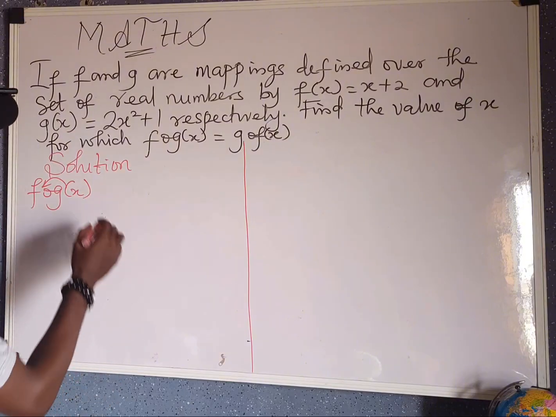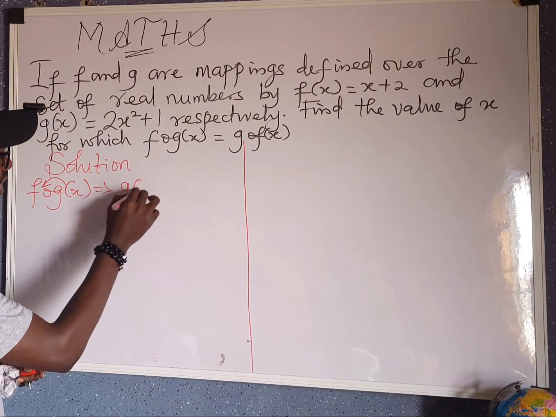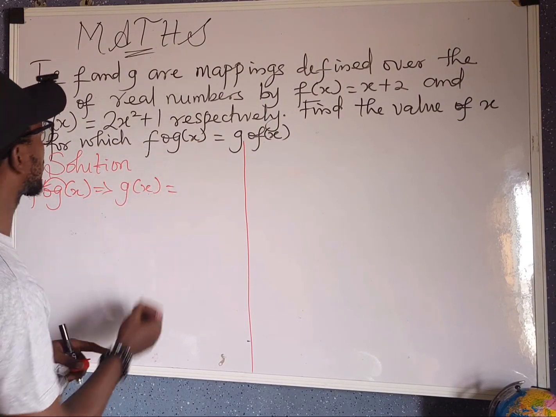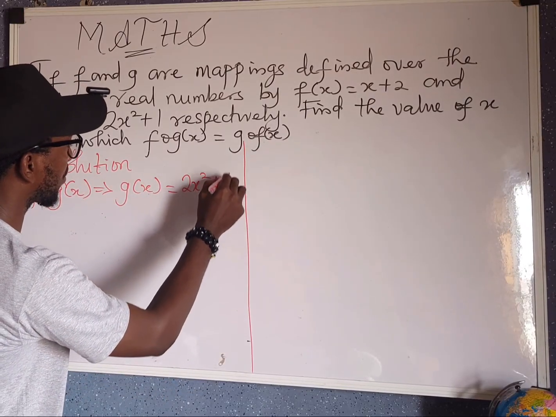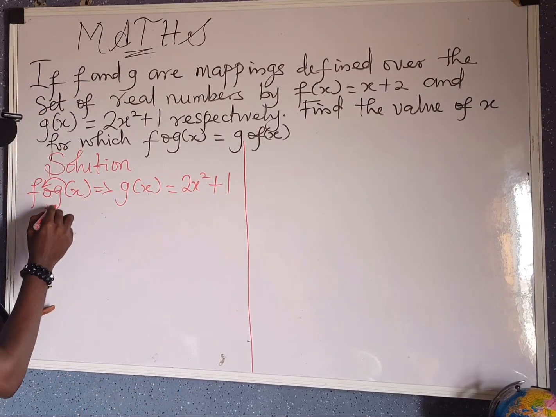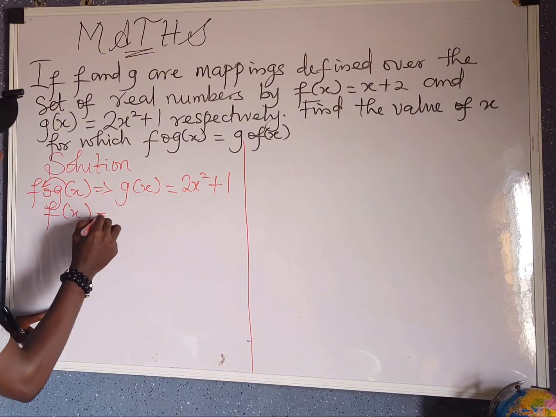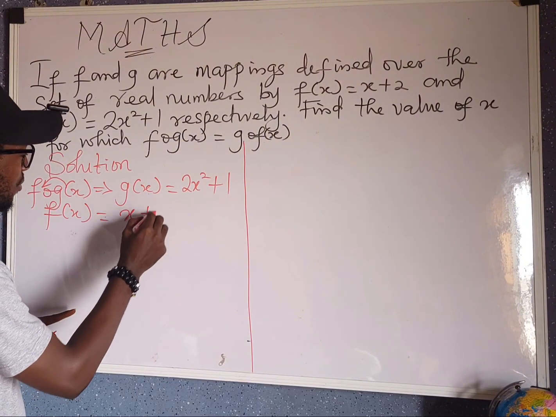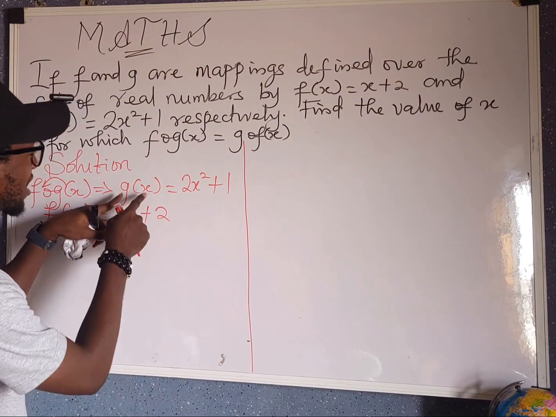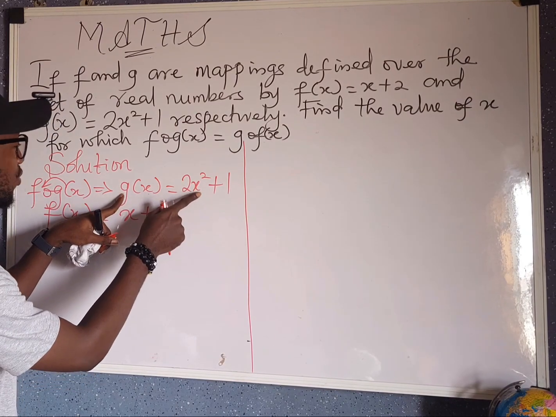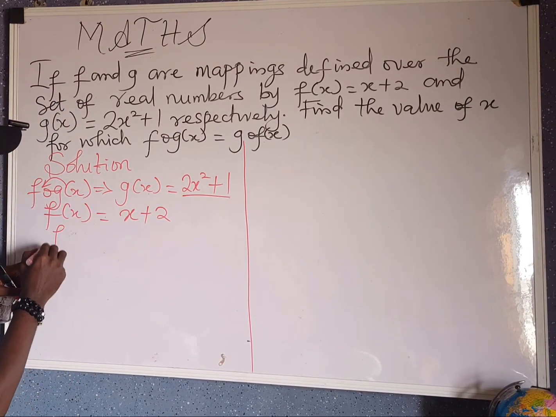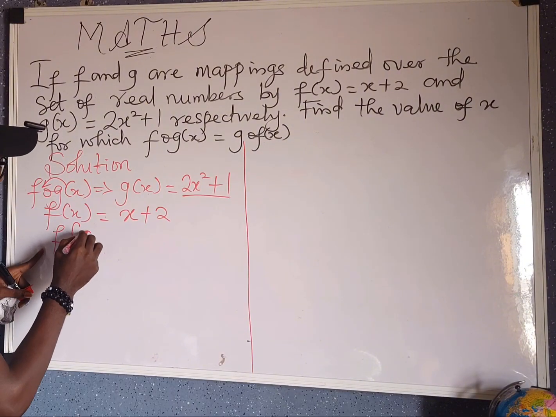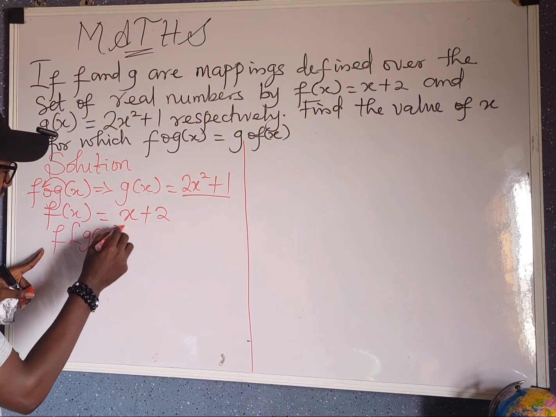And from the question, our g of x has been given to be equal to 2x squared plus 1. Now, f of x is given as x plus 2. So if I substitute this g of x into f of x, we are looking for f of g of x.